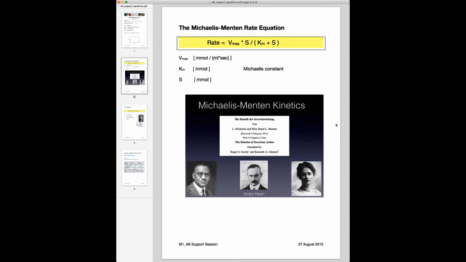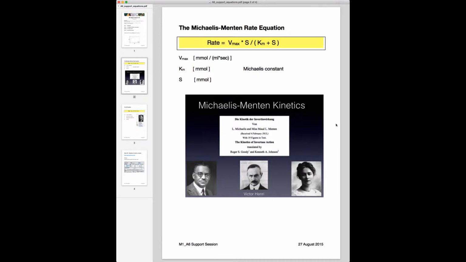However, we have to bear in mind that this is based on assumptions, right? This looks very simple, but it's actually based on a couple of assumptions. Whenever we apply it, we have to make sure that these assumptions are actually fulfilled if we want to use this rate law.